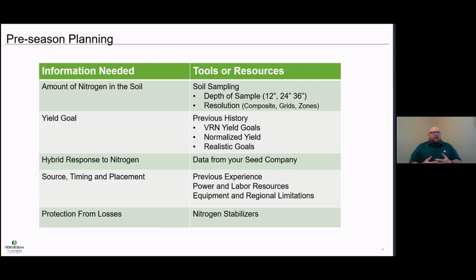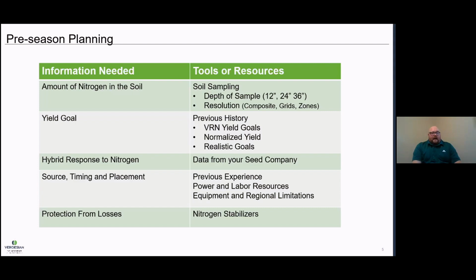So the first thing I want to know is how much nitrogen is left over in the soil. So I'm going to take, at very least, 40-acre composite samples from 12, 24, and 36 inches. At maximum, I'm going to pull from a number of grids and try to pull as many samples as I can.